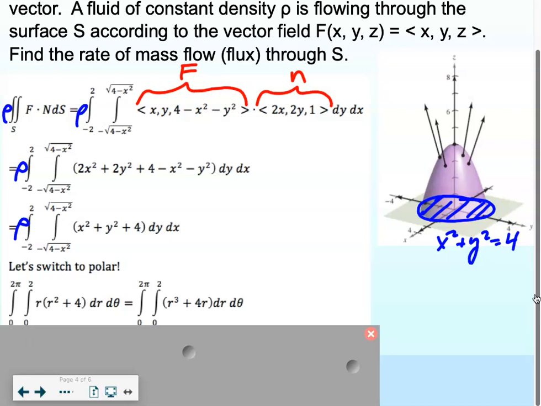You end up with 2r squared cosine squared plus 2r squared sine squared plus 4 minus r squared, which adds up, all times r, to r cubed plus 4r. Okay, so you get it. It's similar. I don't think it's a ton harder. I don't think it's easier. Did you have to still add the extra r? Yes, you still have to multiply by r.